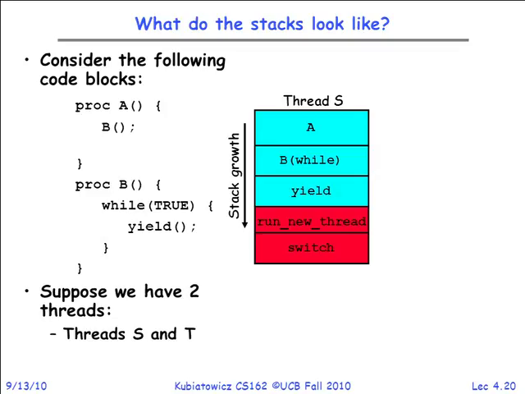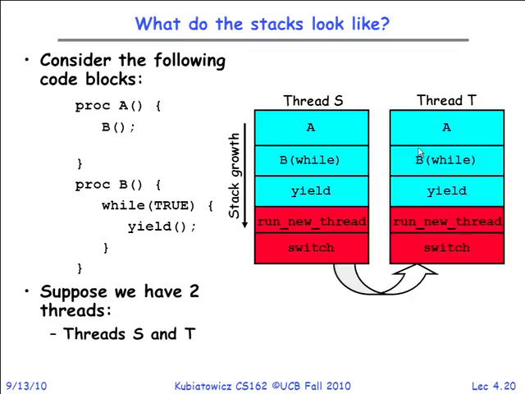So after executing switch, poof, we're somewhere completely different, on a different stack, just because we changed the stack pointer. Now we return from switch, which returns from run new thread, which returns from yield, which goes back into B. But now we're in thread T. Then we're going to call yield and run new thread, and switch will magically put us over here, and then we'll back our way out again.